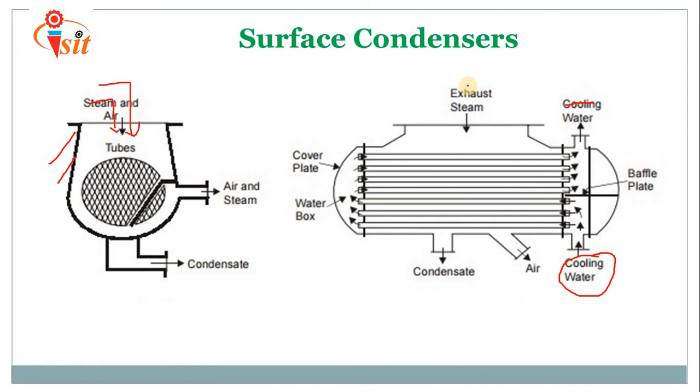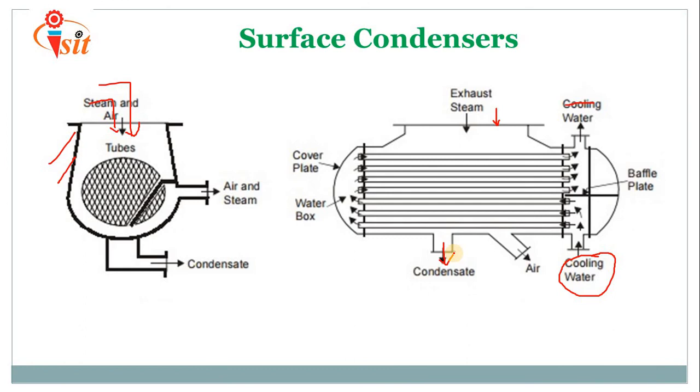Then exhaust steam comes from the boiler or turbine from the top side. And condensate, which is nothing but simply water, moves in the downward direction. So these are the various openings of this steam power plant condenser.